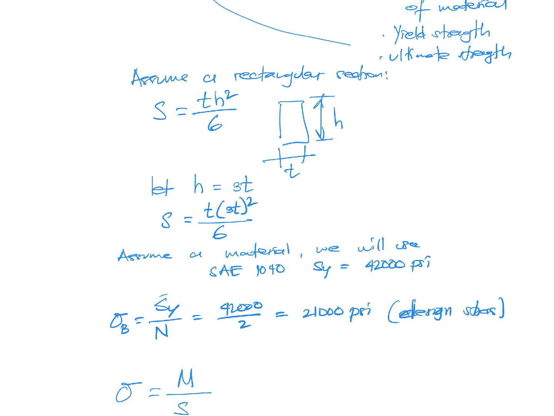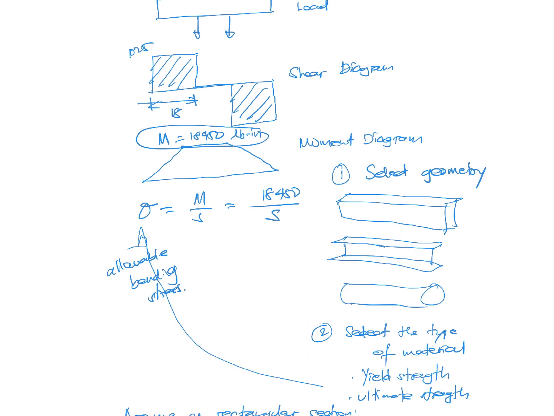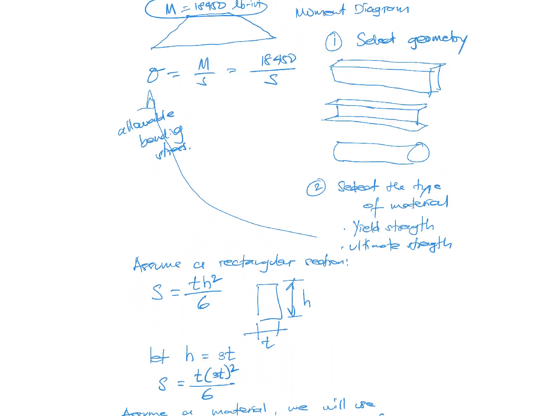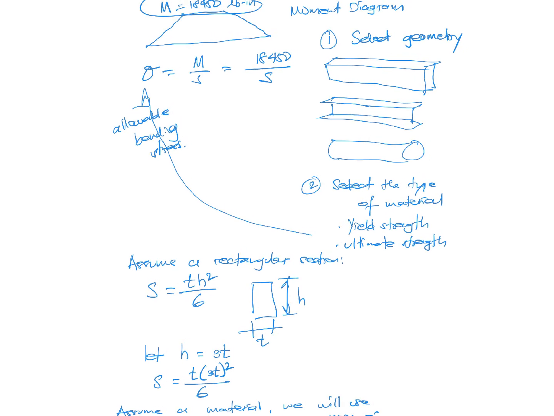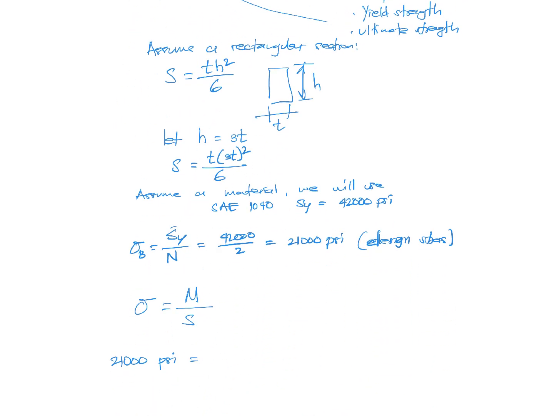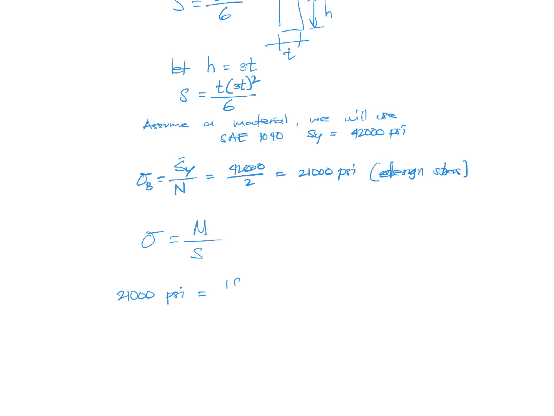And the maximum moment, as we have calculated here, is 18,450 pound-inch. And then our section modulus is 9 t cubed over 6.